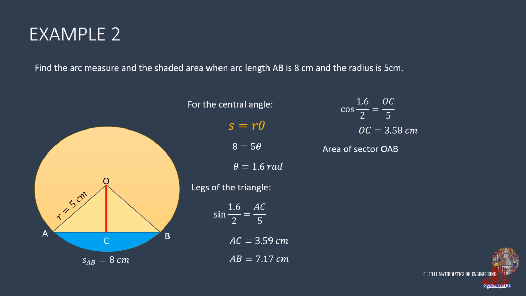Now continue the procedure by solving sector OAB through ratio and proportion. That makes A sub S is to 1.6 as equal to pi times 5 squared all over 2 pi. The area of the sector is then 20 square centimeters.